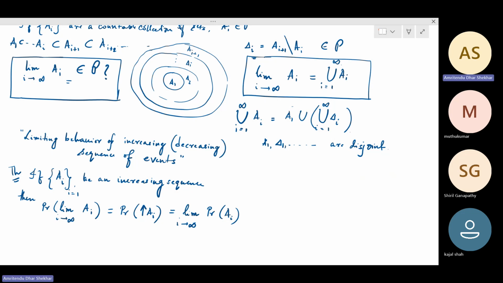So the probability of a growing sequence of sets is just the limit of the probabilities of the sequence.